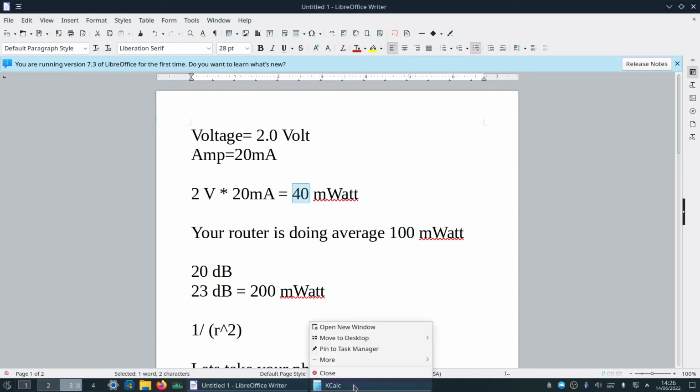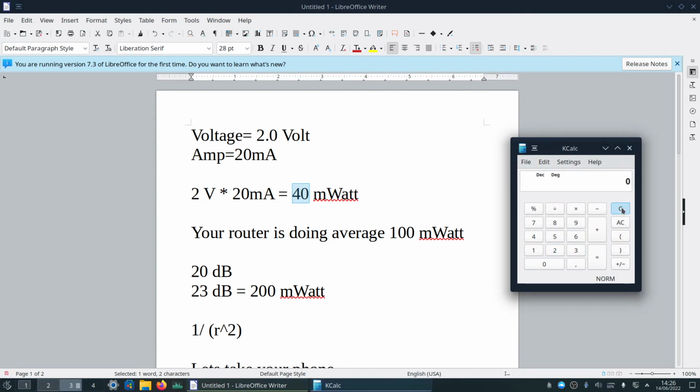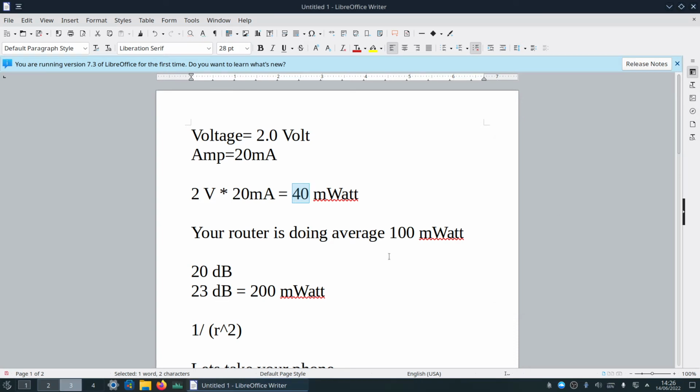That is a little more than 2, but I want to be sure. 100 divided by 40 is around 2.5 times the brightness of your standby red LED television LED. That is how much power your router is sending, and if you could see this in the visible spectrum, that is how much it would be.